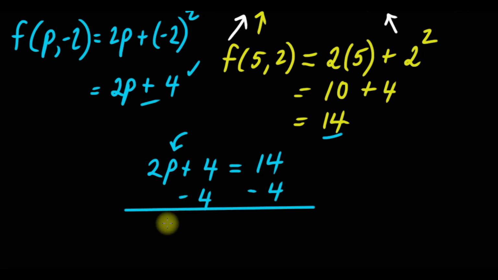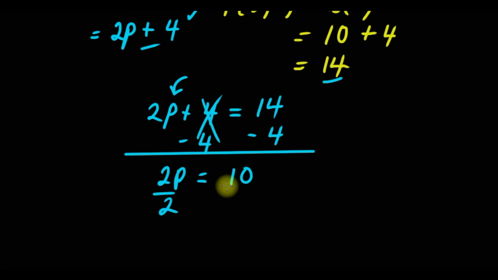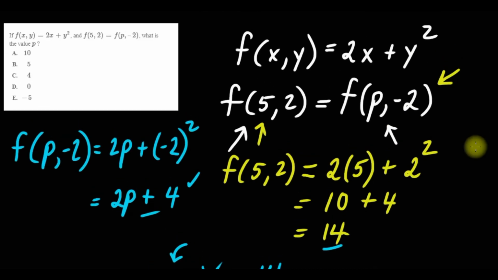So 2p is 10, because this adds up to 0. So divide by 2, so p is 5. So the value of p is 5. Let's go back to the problem. Here we would pick B to have the correct answer.